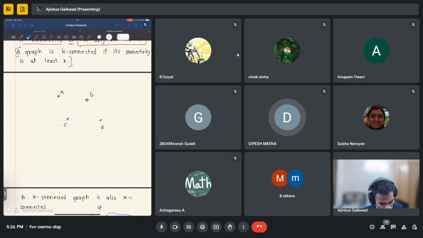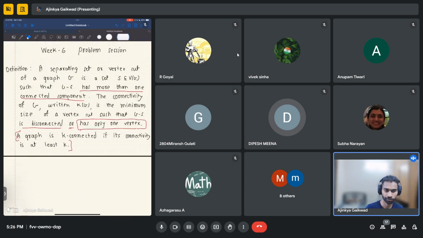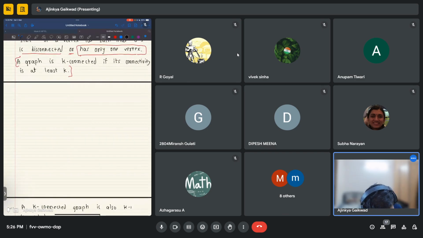Okay, so what I was saying is, in the first definition, I was mostly talking about removing vertices from the graph G. One can also talk about removing edges, right? So let me define edge connectivity. Let me write down the definition.